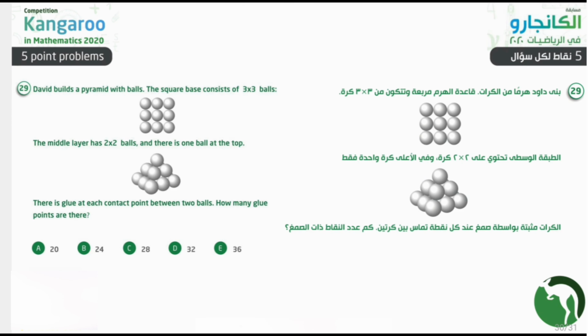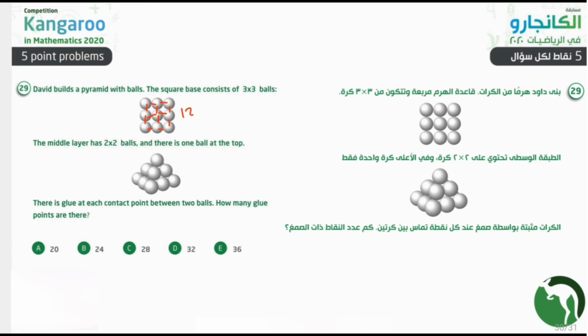Okay, so let's look at the contact points horizontally, then vertically. At the first layer, the base, we have 3 by 3. So here we have one connection point, and here also a contact point. So 2, 3, 4, 5, 6, 7, 8, and here 9, 10, 11, and 12.